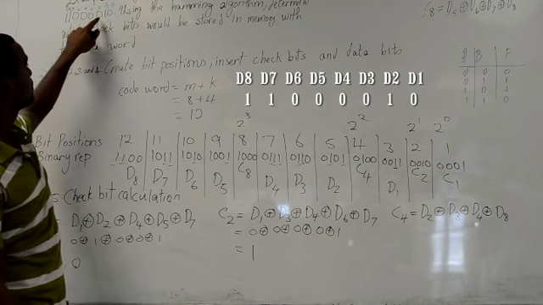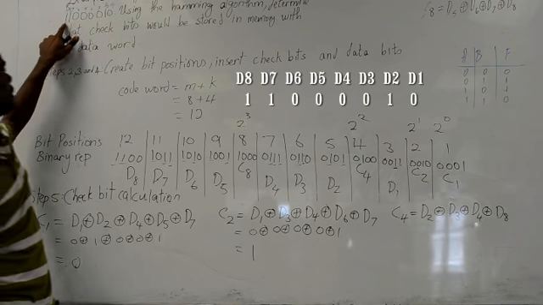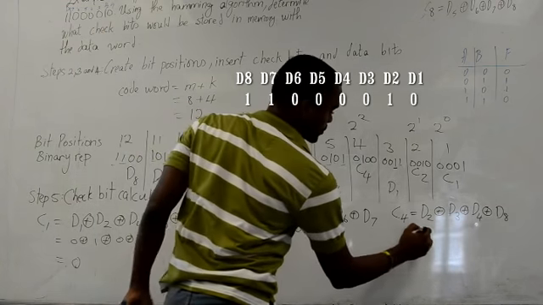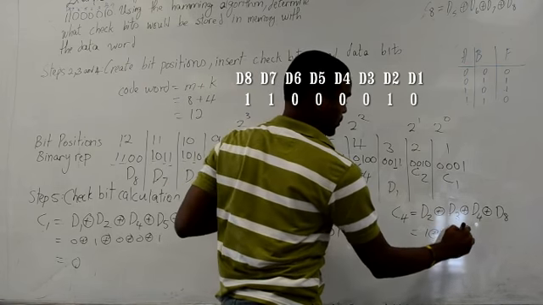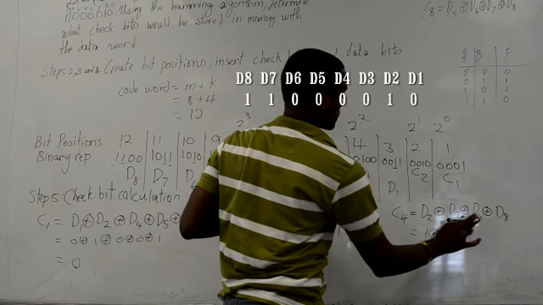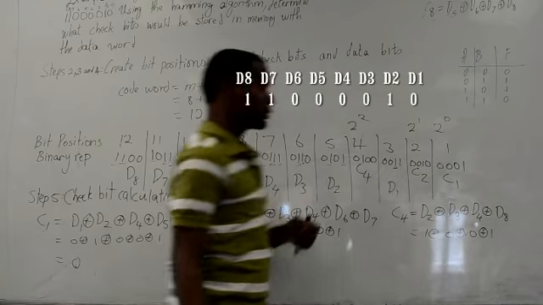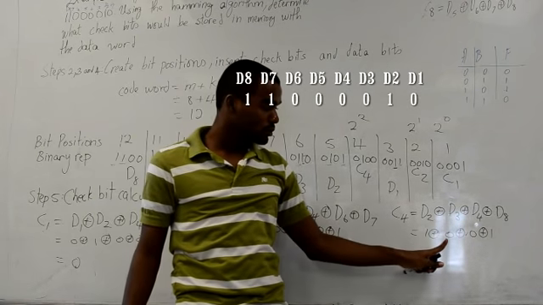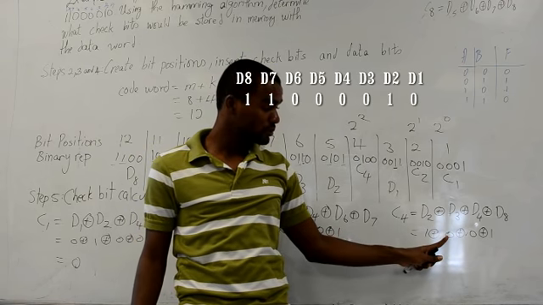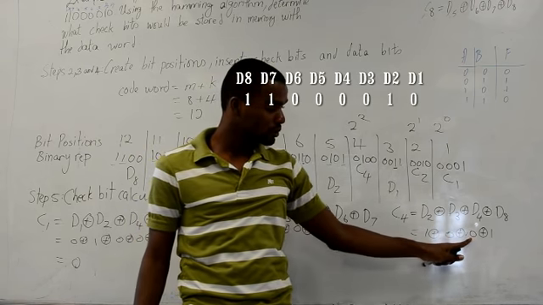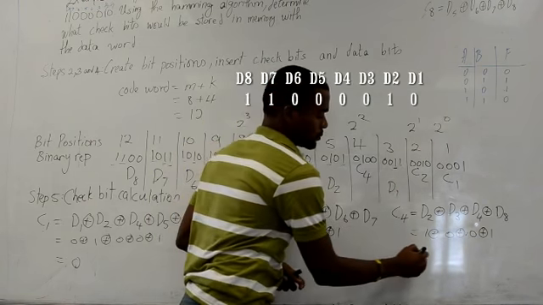Check bit 4, we are going to use 2, 3, 4, and 8. So that's 1, 0, 0, and 1. 1 exclusive OR 0 gives us 1. 1 exclusive OR 0 gives us 1 still. 1 exclusive OR 1 gives us 0.